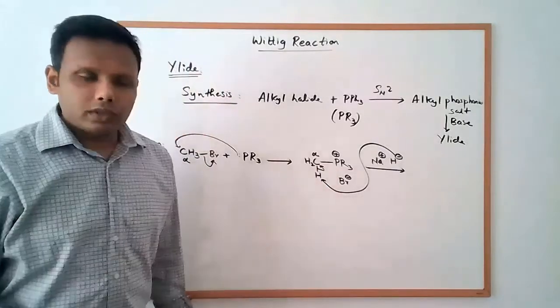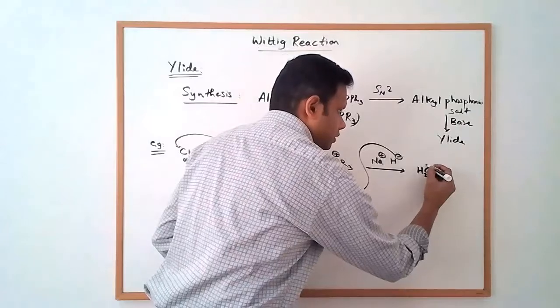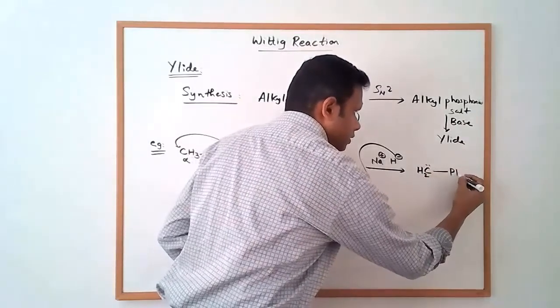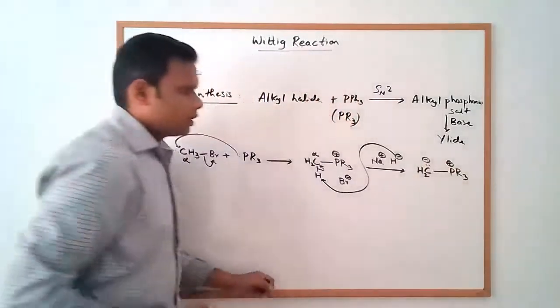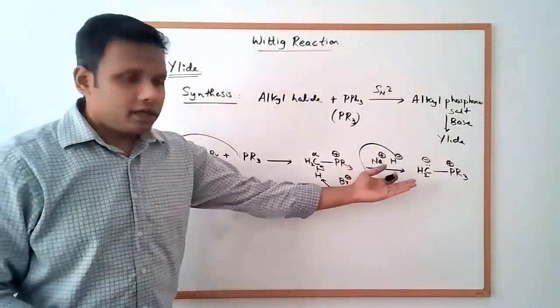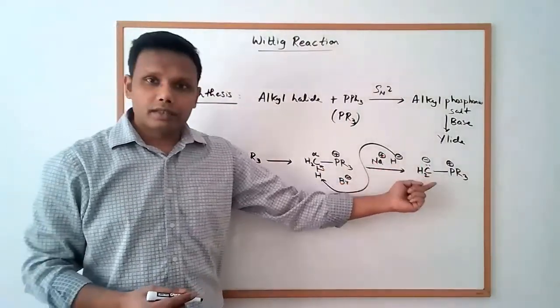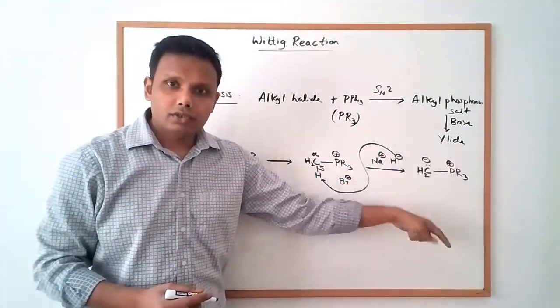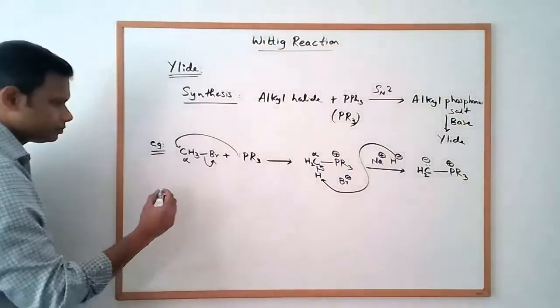Electrons from here would go to that carbon, so that our ylid is going to be PR3 positive and the negative. Notice we're just writing the charged form of the ylid, but you can do resonance on this and it would convert it into the neutral form of the ylid. So that would be the methyl ylid.